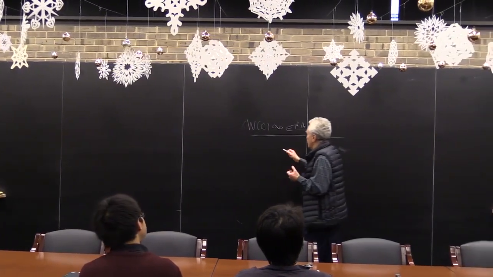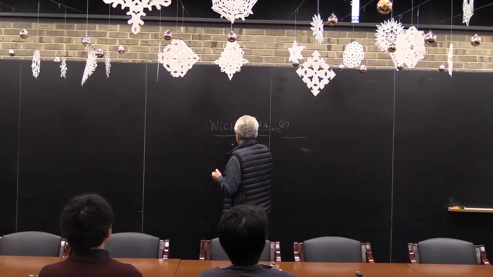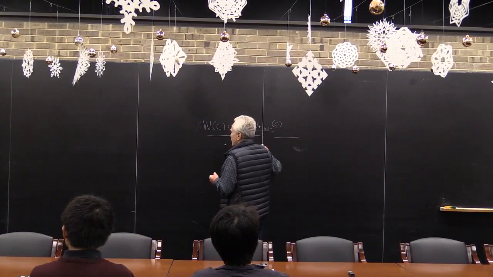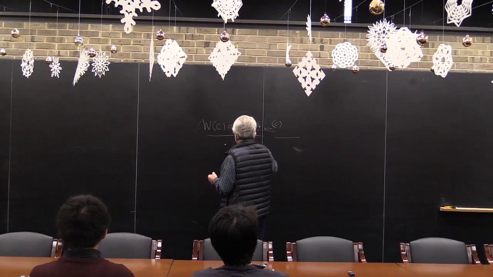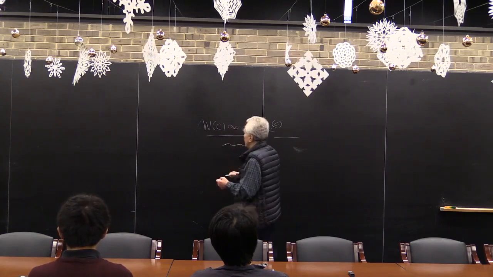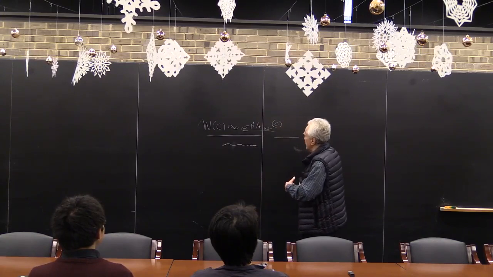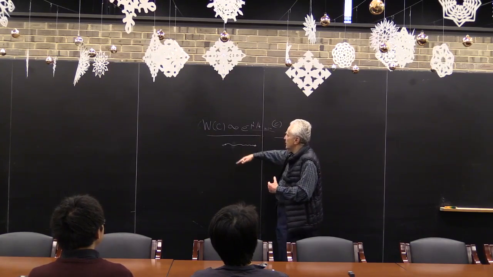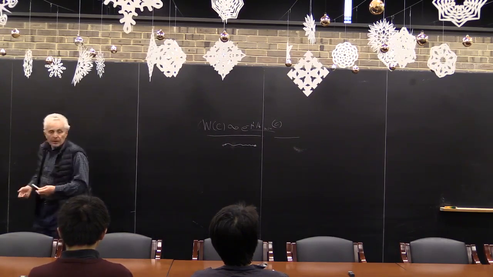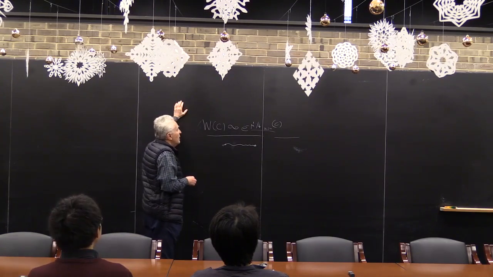You have two charges, and when they are at very large distances, there is a string between them, and as time goes by, the string moves in time and sweeps a certain area.